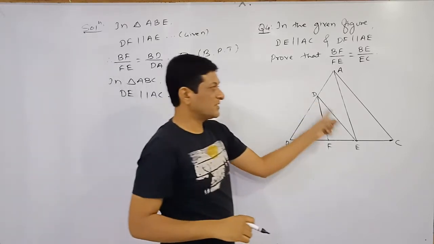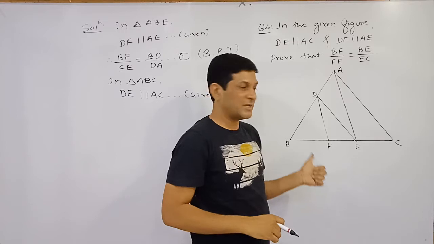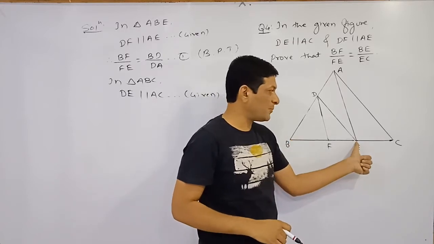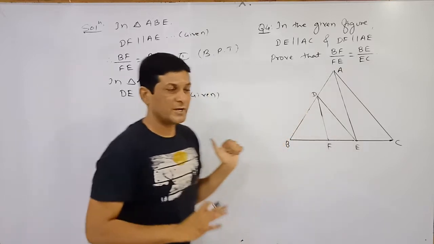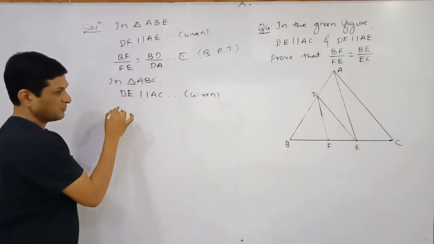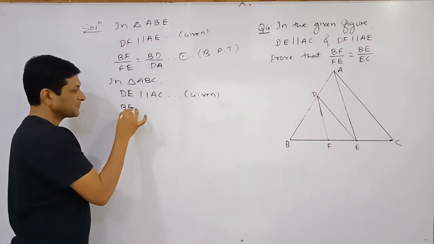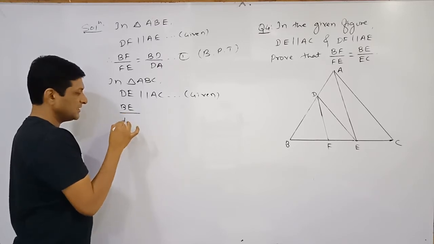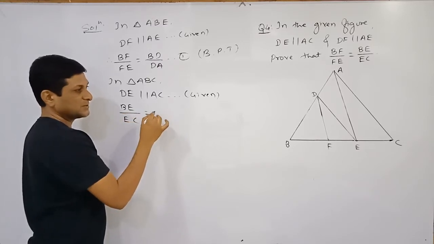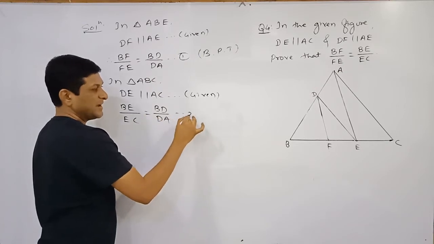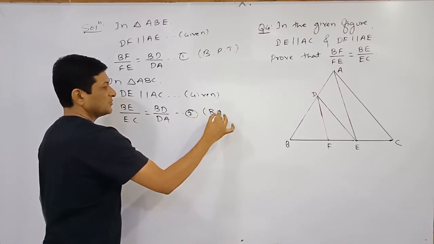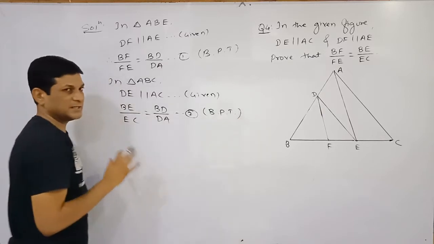Since DE is parallel to AC, we can say that BE upon EC will be equal to BD upon DA according to BPT. This we denote by equation number 2, and this result also we have got by applying the basic proportionality theorem.